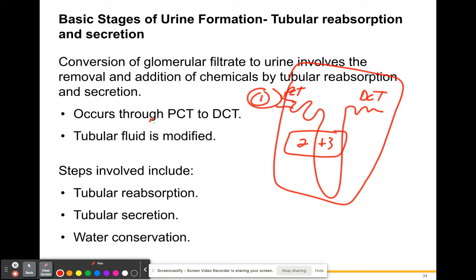So this occurs through the PCT all the way through the DCT. All the filtrate that was produced here is going to be modified during its journey from the proximal to the distal convoluted tubule.